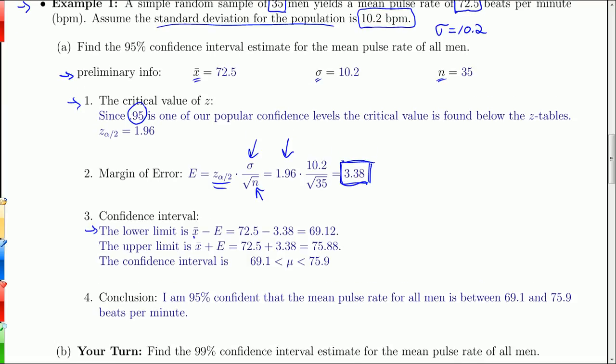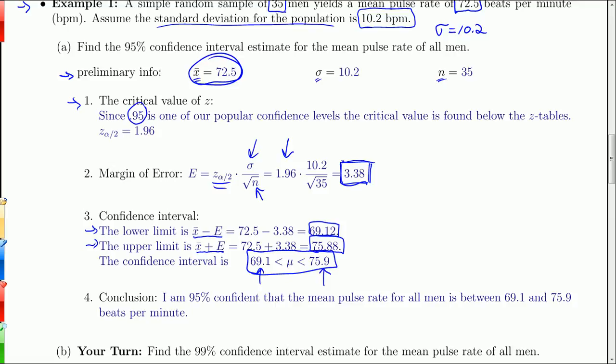The lower limit is the sample mean minus 3.38, which is 69.12. The upper limit is the sample mean plus the margin of error, that's 75.88. Then rounding to 1 decimal place as the sample mean is, I get a confidence interval where mu is between 69.1 and 75.9.